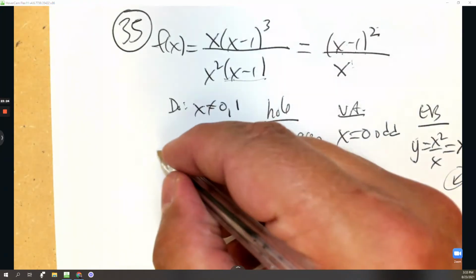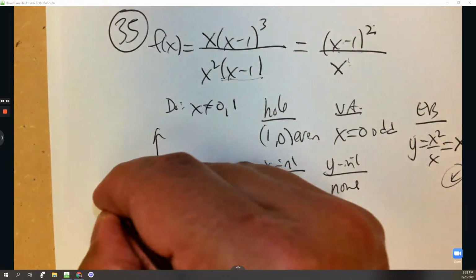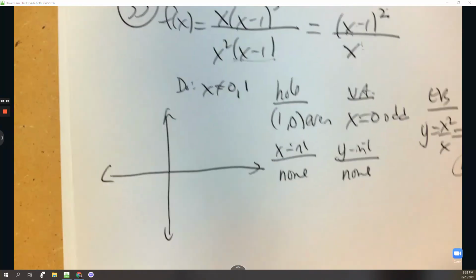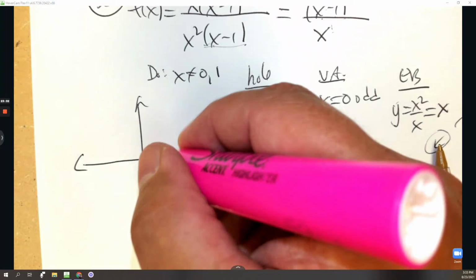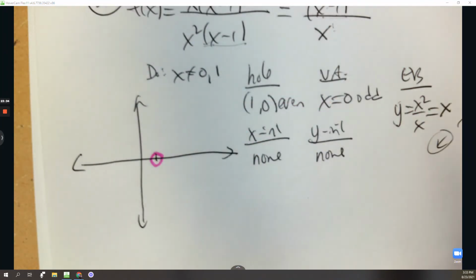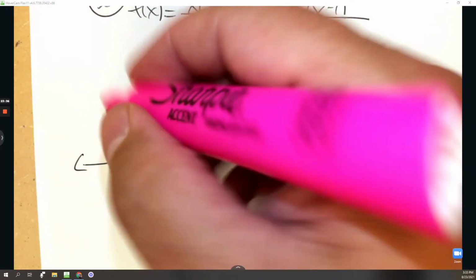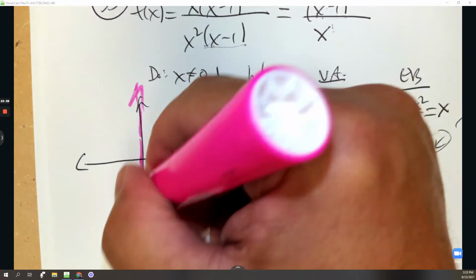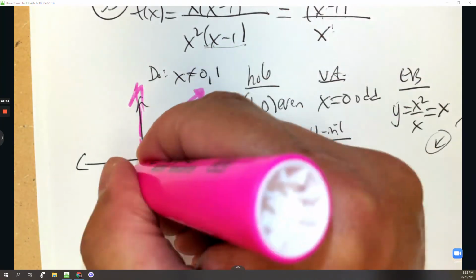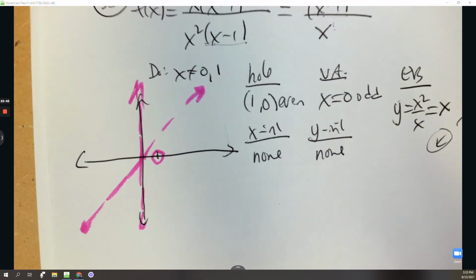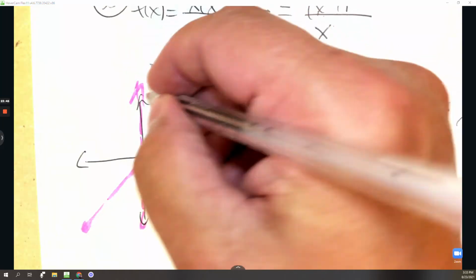So if I graph this, we can start at 1, 0, and we can also have a vertical asymptote at 0, and the end behavior going up to the right and down to the left. It's going to touch here.